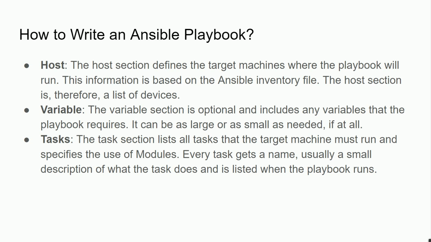And third one, tasks, what you want to perform, like if I need to set up software, deploy some application, or copy or move some files and folders, those things are managed under tasks. Every task gets a name, usually a small description, and it is listed when the playbook runs. Basically, we can add multiple tasks under multiple names.